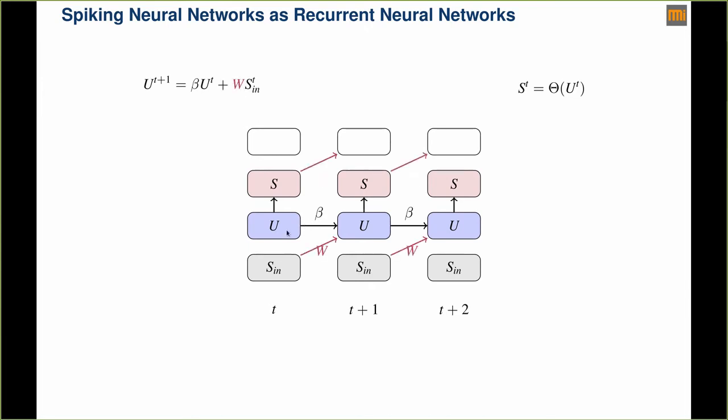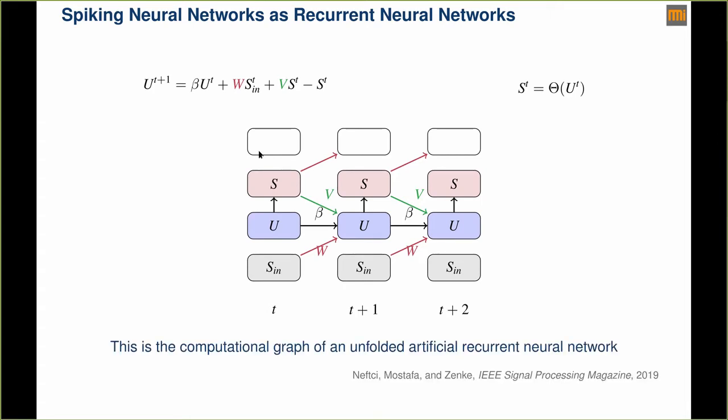And we can add the synaptic connections, which go from S in to the membrane potential. We can also add recurrent connections, in which case the spikes go back to the membrane potential. And the reset events can also, in this case, be subsumed inside this recurrent connection. So what we end up with is the same computational graph as that of an artificial recurrent neural network.